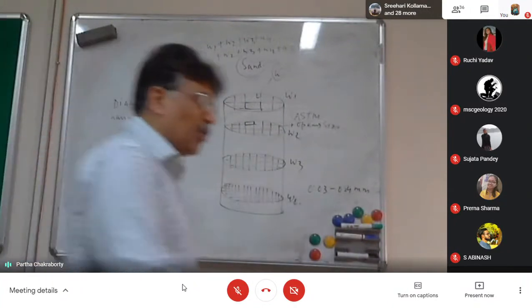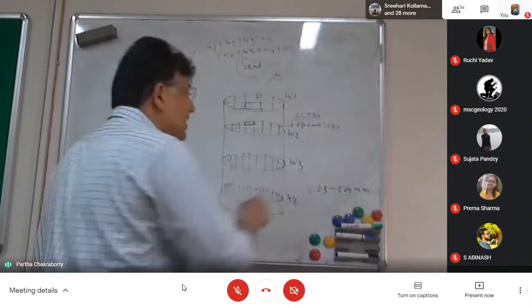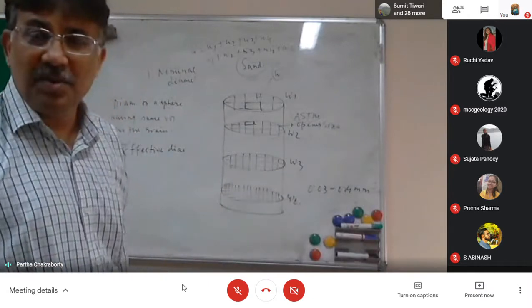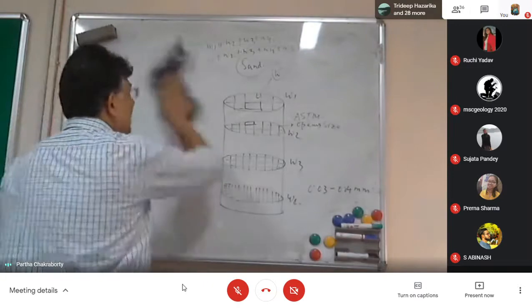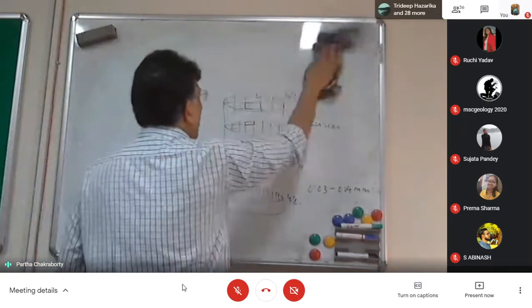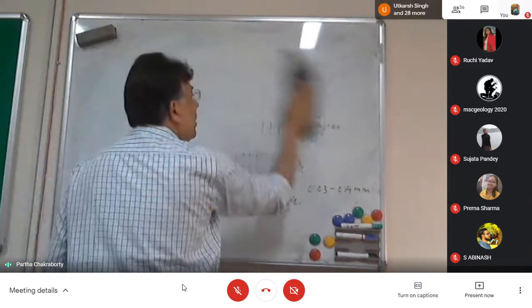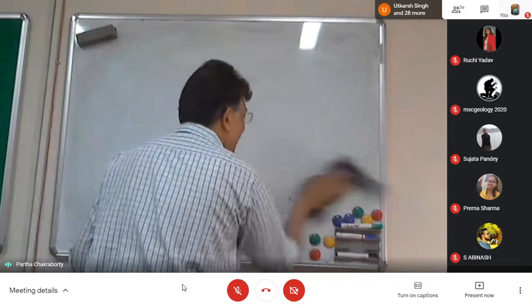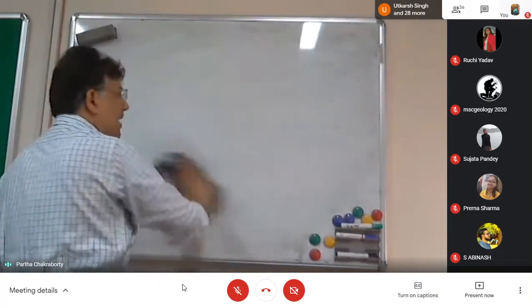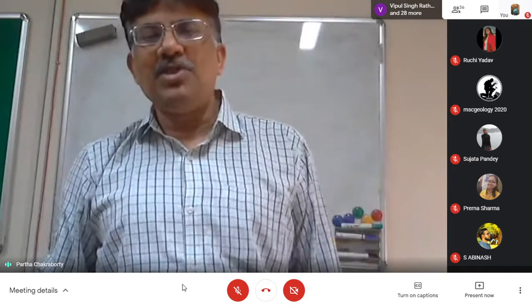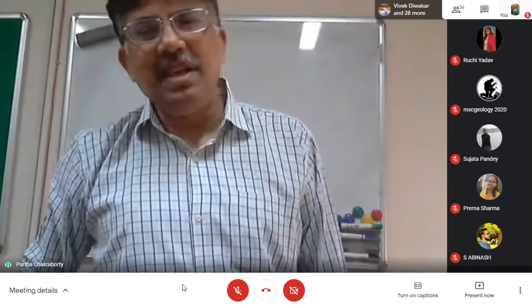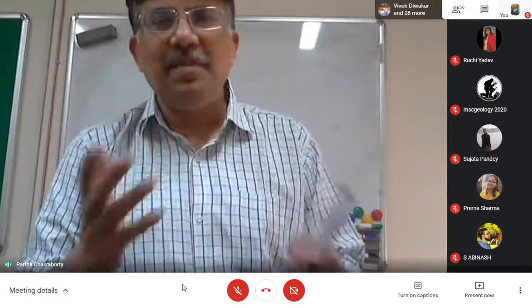So what do we do for grains which are smaller than this size? First I talked about the boulder, pebble and cobble sizes, which you can directly measure. Then I talked about the sand size, which we measure by means of sieving, and the sieves help us identify the different fractions of the grains.